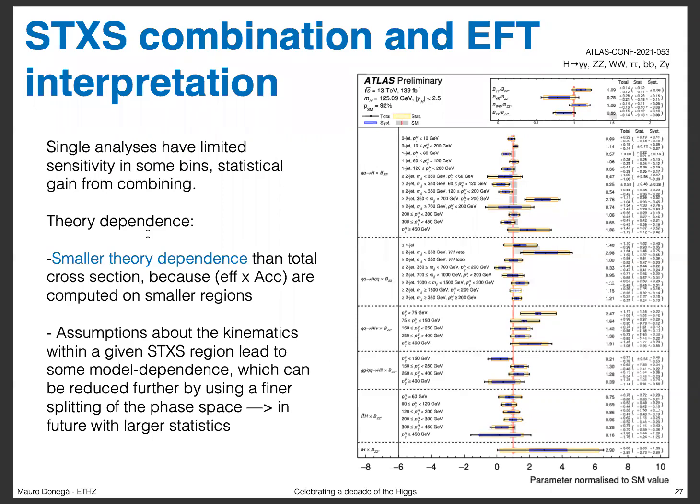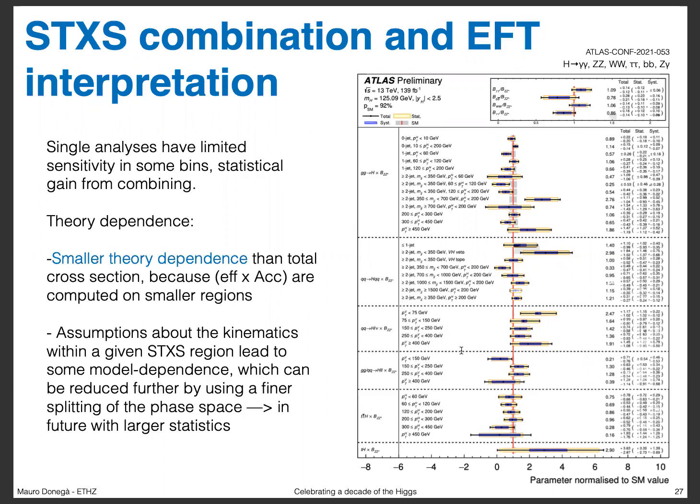And so in this case, you are essentially breaking it down in smaller chunks where the acceptance, if you want, is flatter. And so here you reduce the theory dependence. And then the assumption about the kinematics within a given STXS region still leads to some model dependence.